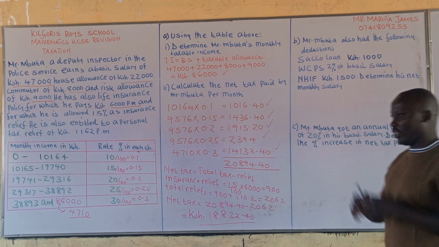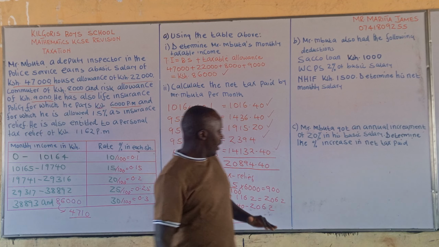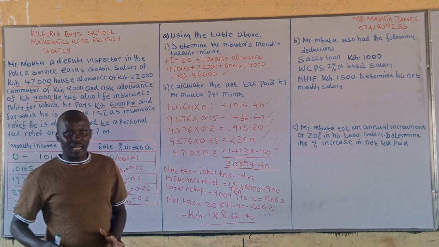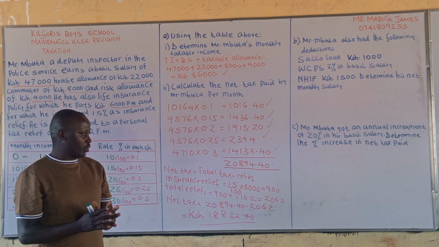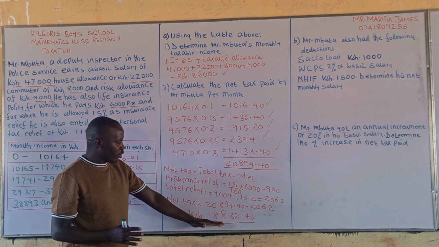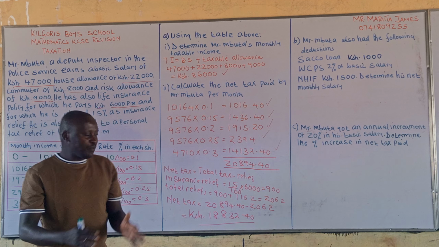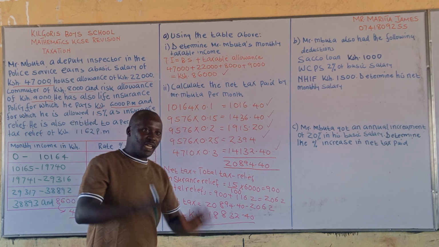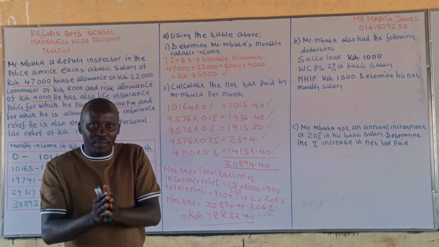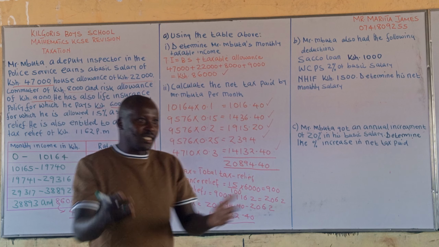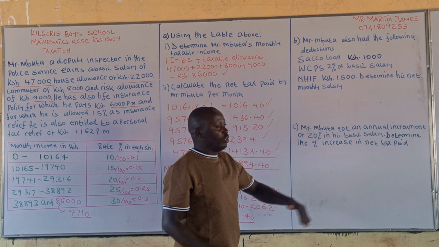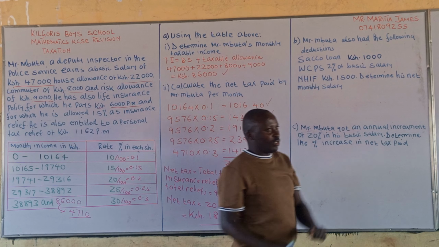Next, Mr. Mbuta also had the following deductions. Remember, this tax is our main deduction. Apart from paying a tax of 18,832 and 40 cents to the government, there are others. We have a Sacco loan of Kenya shillings 1,000.